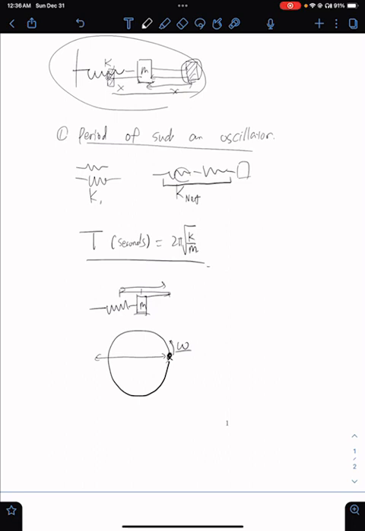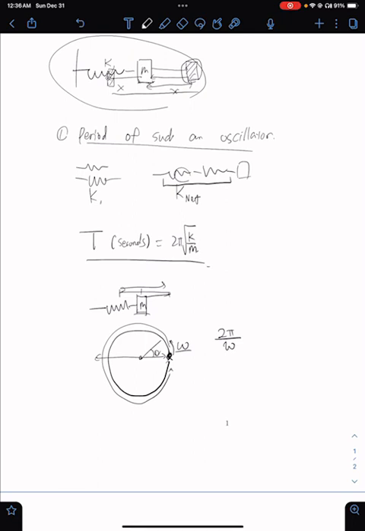That's another way of thinking about harmonic motion, and the period of this entire thing would be 2 pi, which is the total angle in radians that this block has to go, over omega, which is the angular velocity.